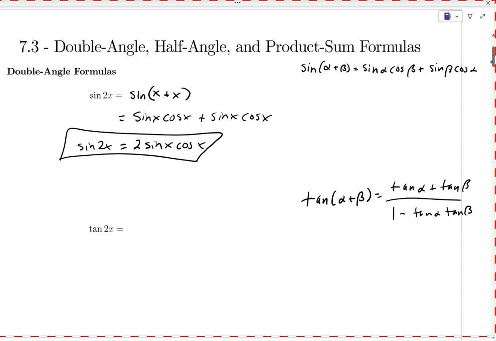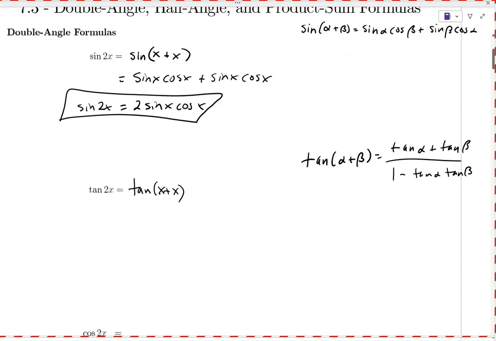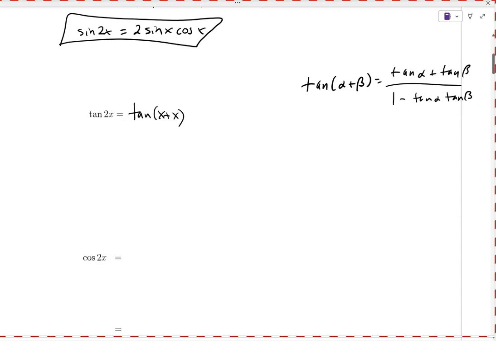So just like we did in the previous one, rewrite your 2x as x plus x. So now apply your sum formula for tangent, and what do you get?